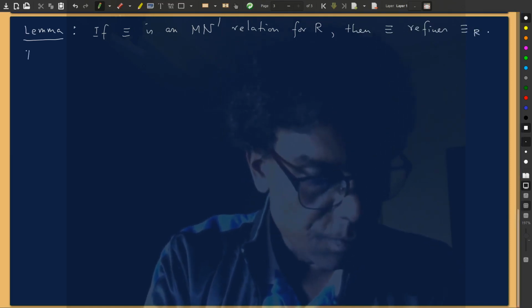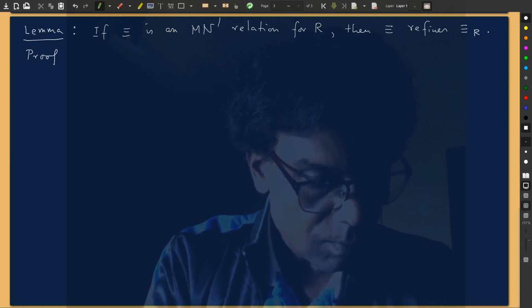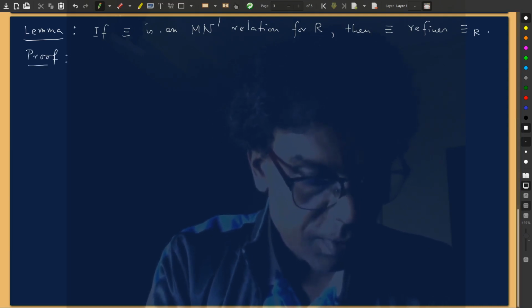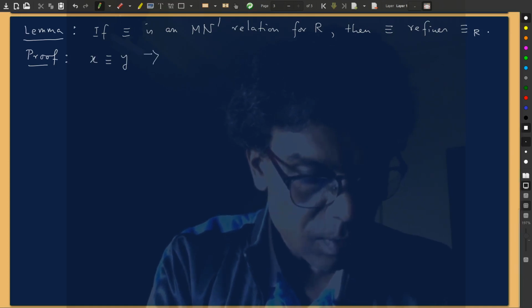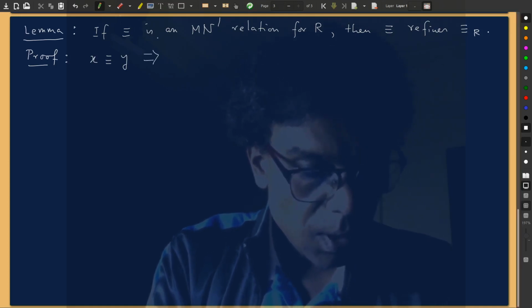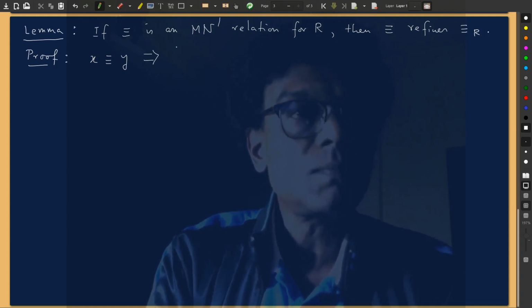So what is the proof? Suppose that this is a Myhill-Nerode-type relation, and I say that they are equivalent.